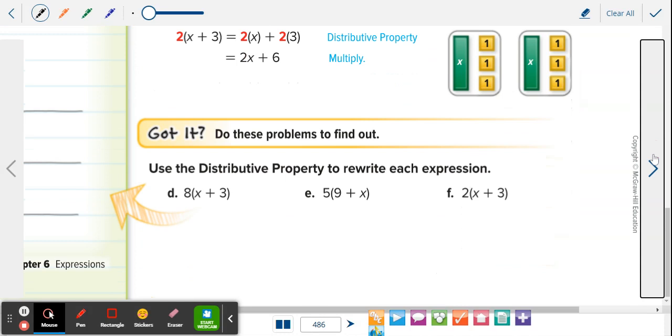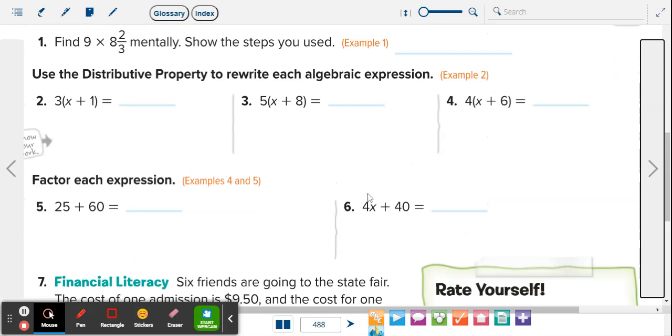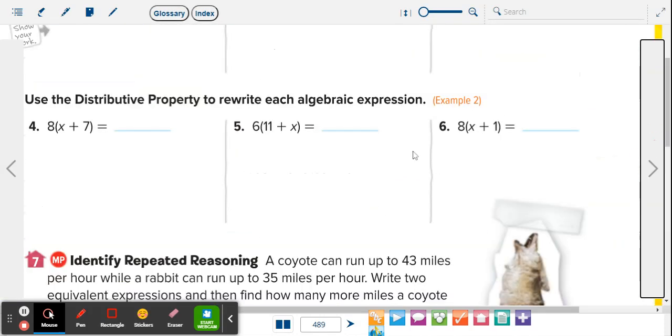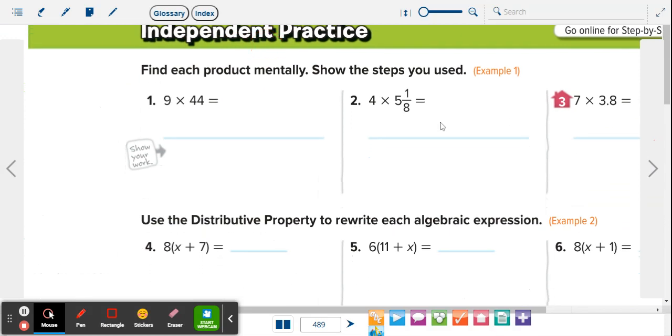So let's jump over to page 489. We're going to do a couple of these. Number 1, they want you to use these. You can basically do this in your head because we're going to break this up to easier numbers using the distributive property.